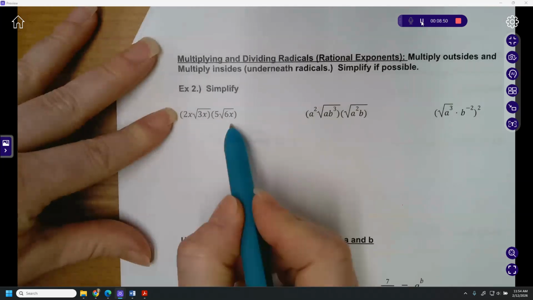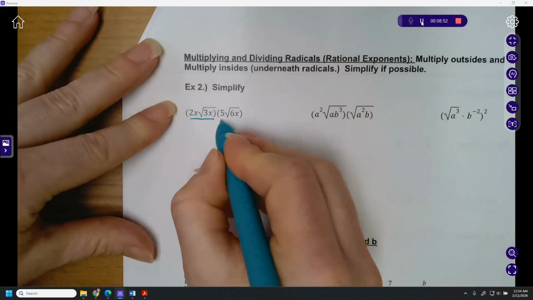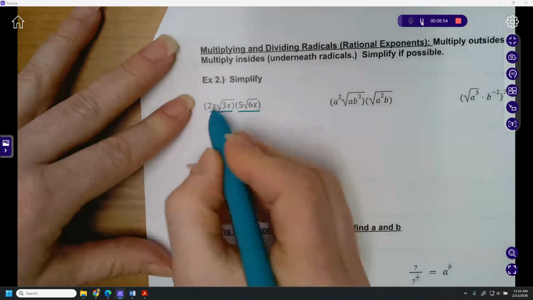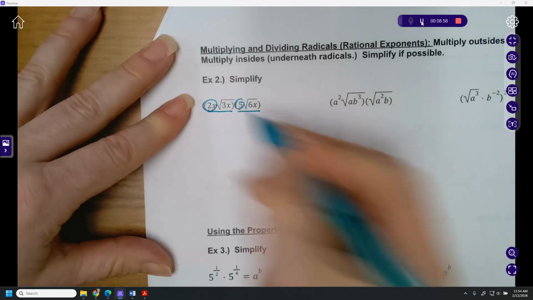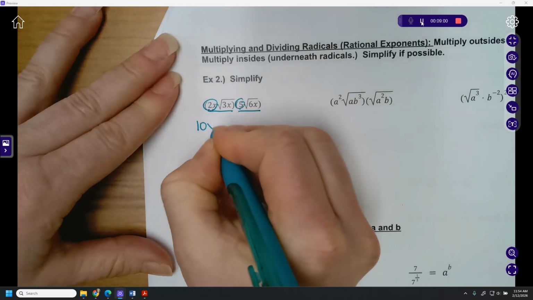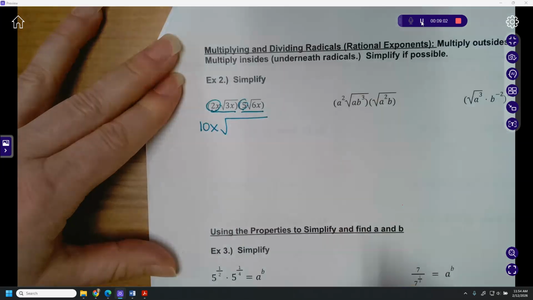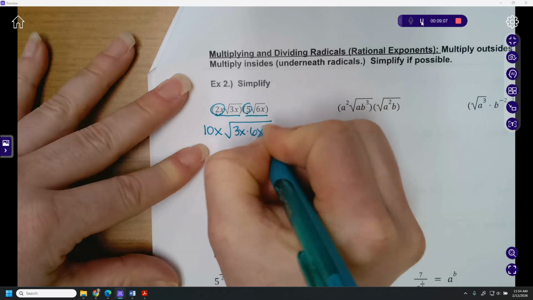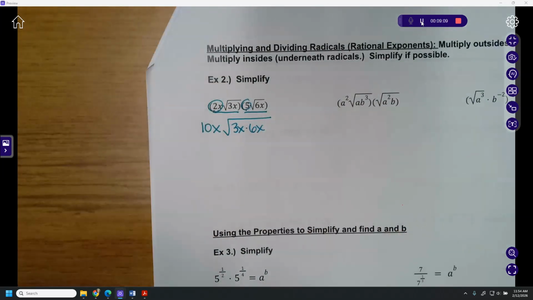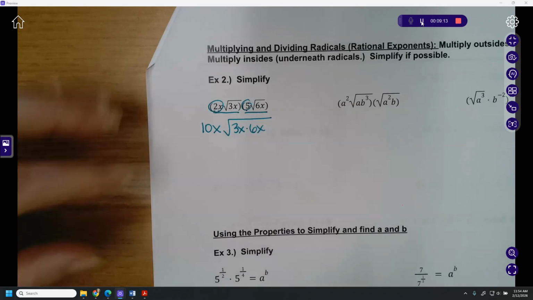So in this case, I have 2 radical expressions. With outside, I have a 2x. I'm going to put 2x times 5 together and leave that on the outside of the radical. And underneath the radical, I have a 3x times 6x. So that's our first step. We multiply the outsides, leave it outside, multiply the insides, put it inside.